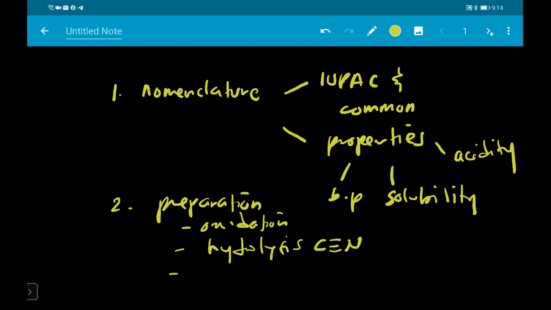And the last one is Grignard reagent, hydrolysis also. When we do hydrolysis, it involves water with acidified medium. Please take note the acidified medium is the addition of inorganic acid such as sulfuric acid, hydrochloric acid, and so on.